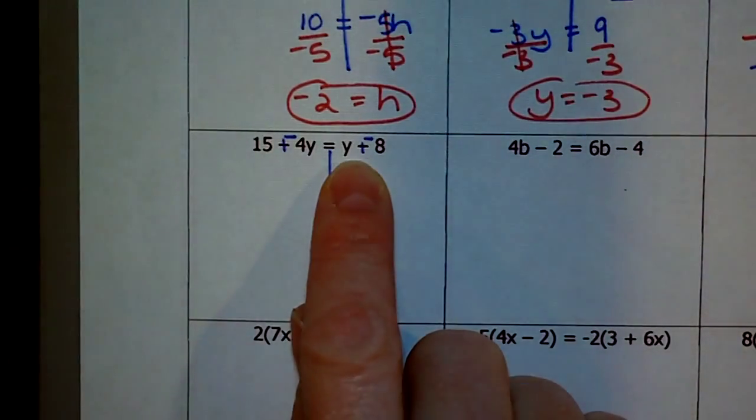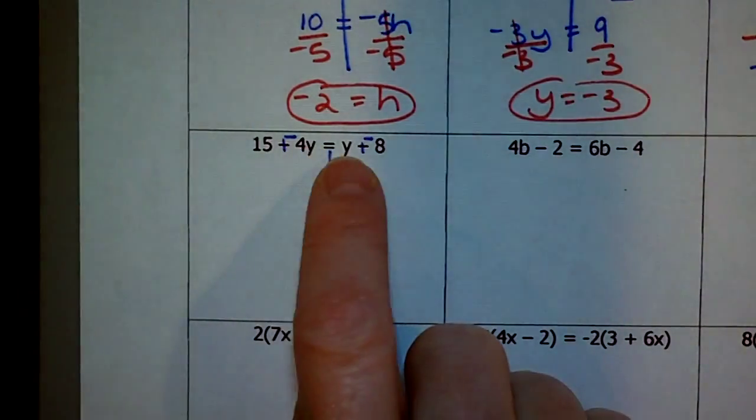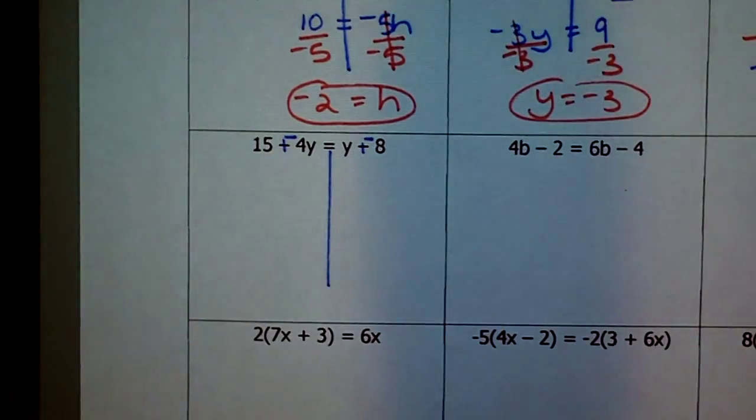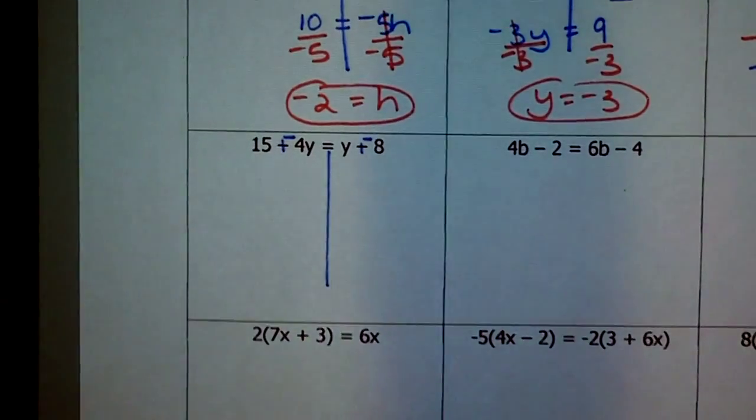What you have to do now is pick which one of those do you want to move. I personally like to choose the one that when I add it to the other, I get a positive amount. It doesn't really matter which one, but I would choose to get rid of this negative 4y.